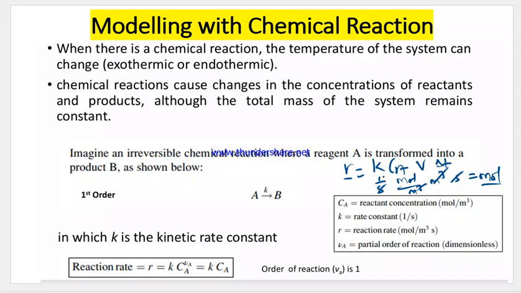So the rate of generation will give us mole when we multiply R. That means our mole will be R V delta T. So R is equal to K CA, multiplied by V and delta T, gives us our mole. Similarly, our mole in, mole out, mole generated, mole consumed, and the rate of change of mole will also follow a similar pattern.